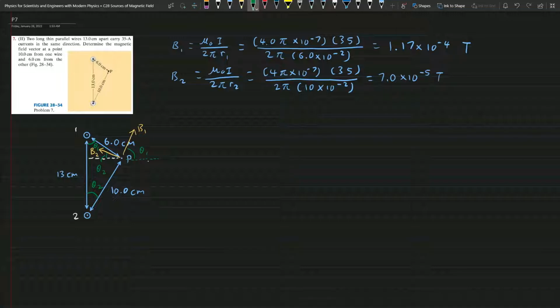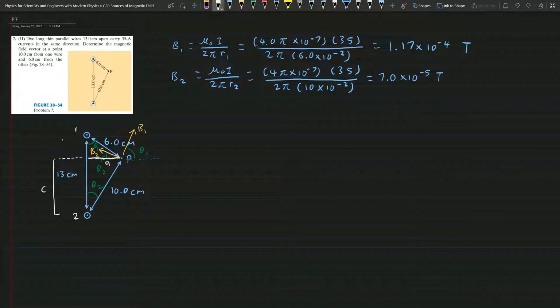How do we solve for this delta? For me, I will let this line here be A, and the distance from wire 2 to this point be C.